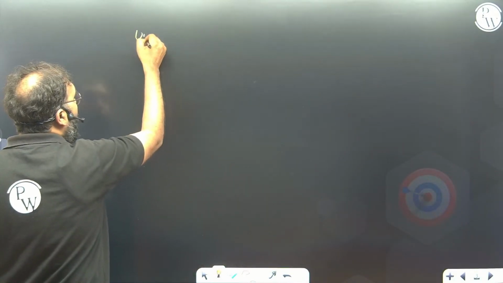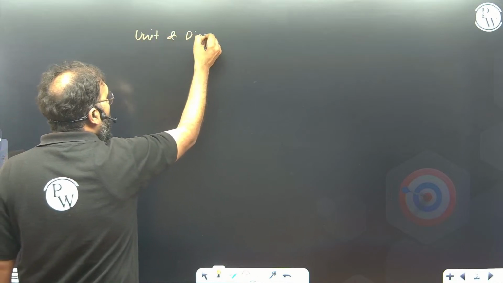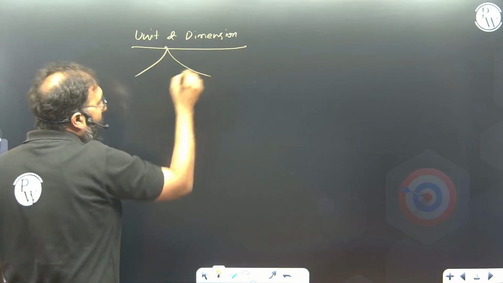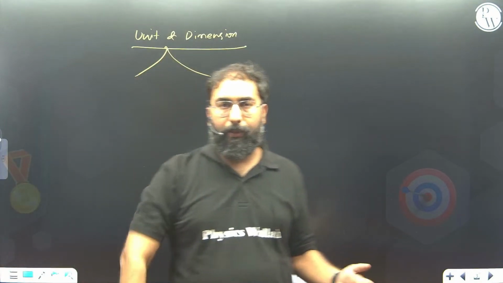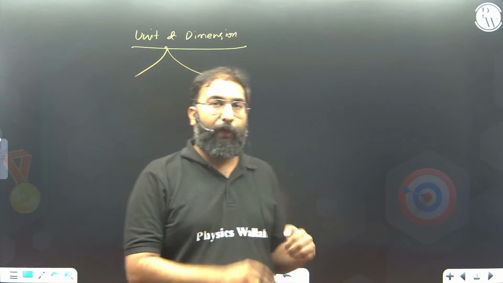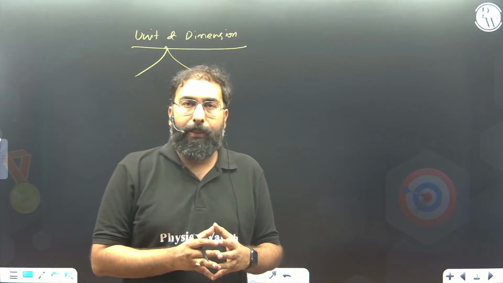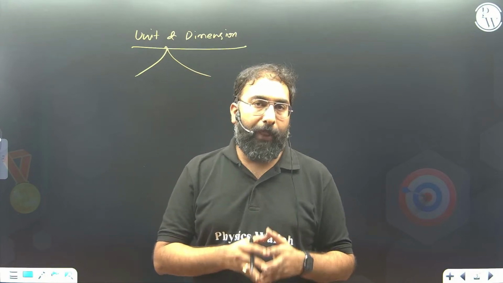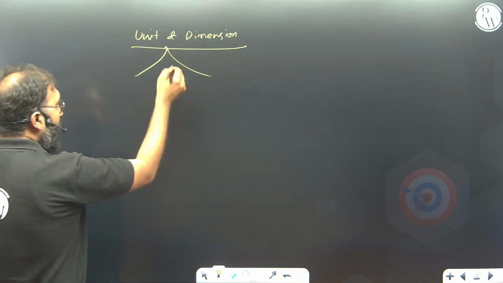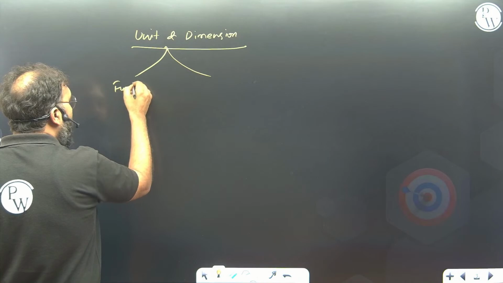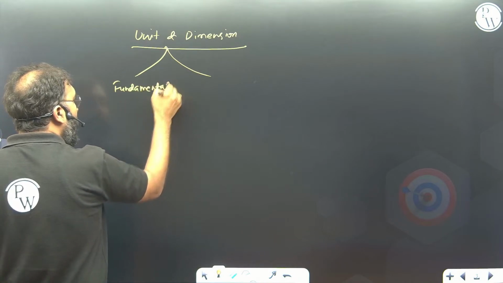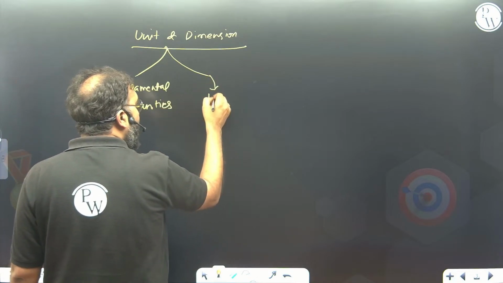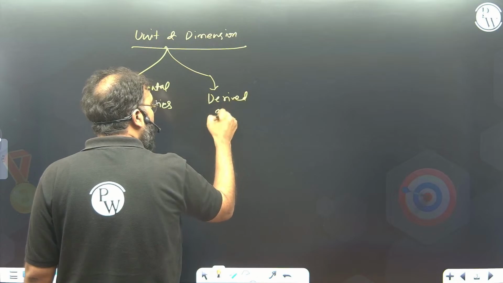As we talk about unit and dimension, first of all, we should understand that whenever we talk about different things in physics, we come across different physical quantities. Physical quantities are those which can be measured, right? If we can measure something, then that is a physical quantity. Out of these, some quantities are fundamental quantities, and then some quantities are derived quantities.